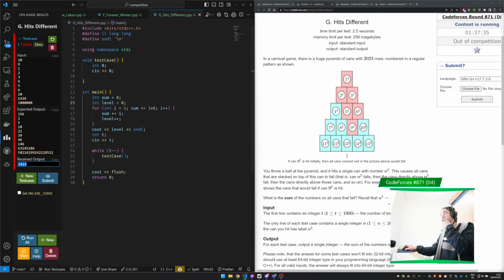There are this many levels times this many cases. Yeah, we can brute force them.